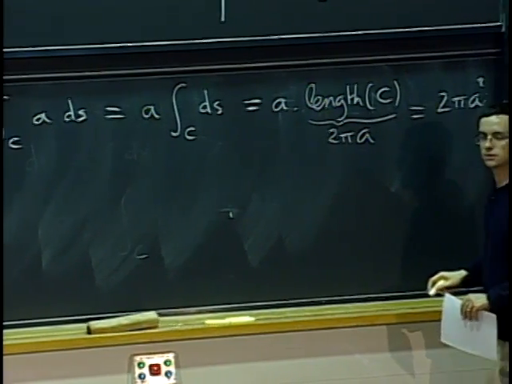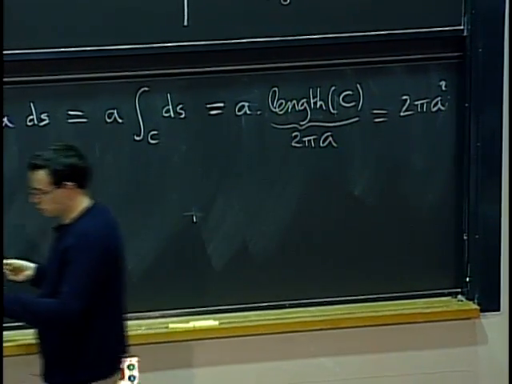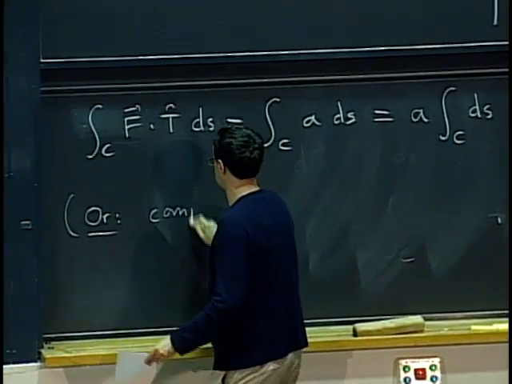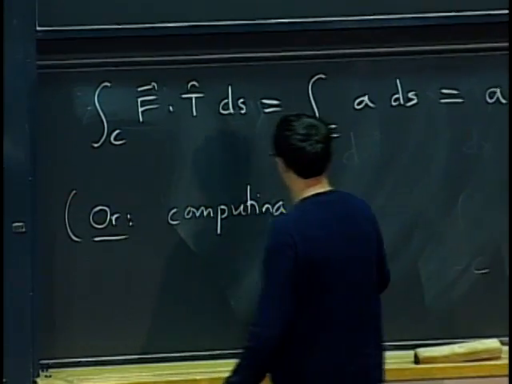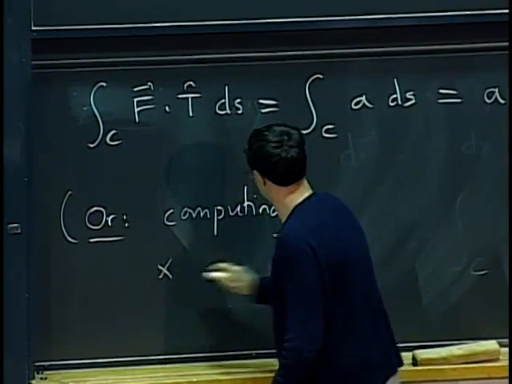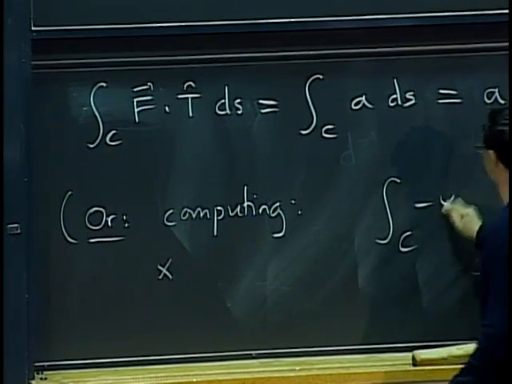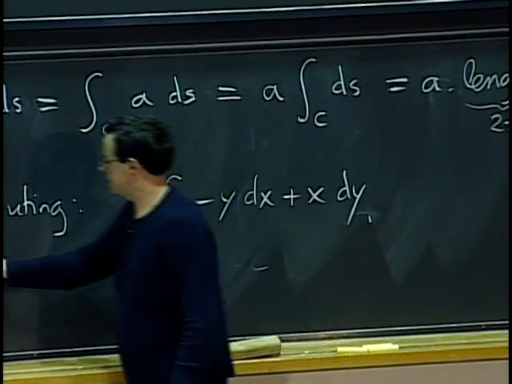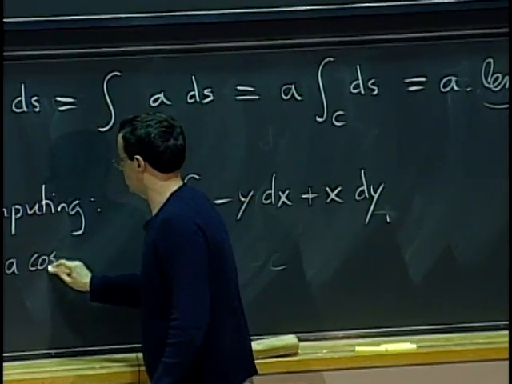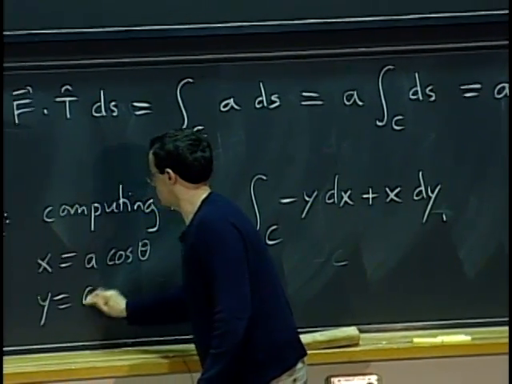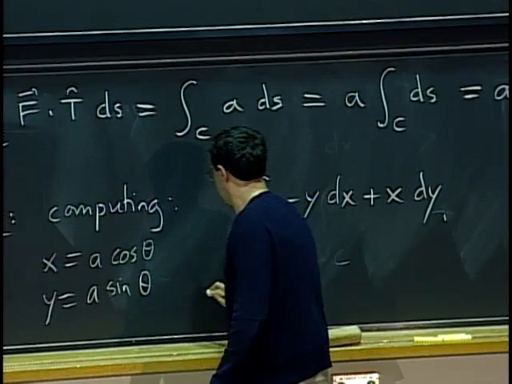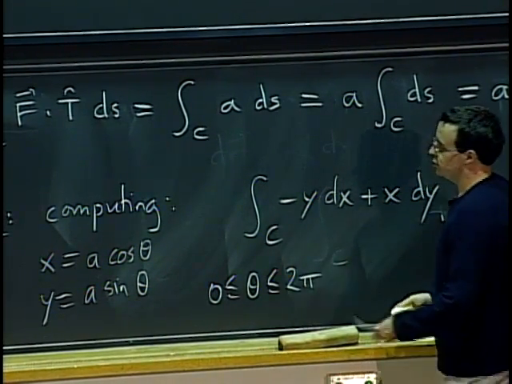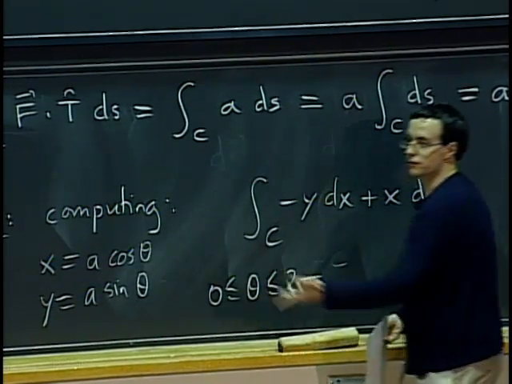If we were to compute that by hand, well, what would we do? We would be computing the integral of minus y dx plus x dy. We'd probably set, since we're on a circle, x equals a cos theta, y equals a sine theta, for theta between 0 and 2 pi. So then we would get dx and dy out of these.